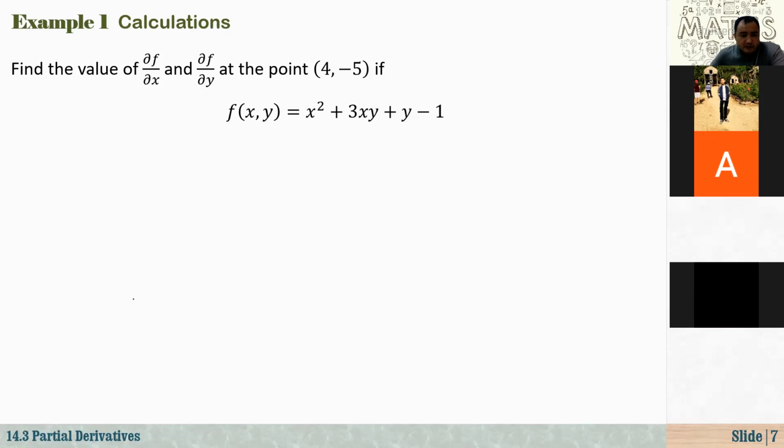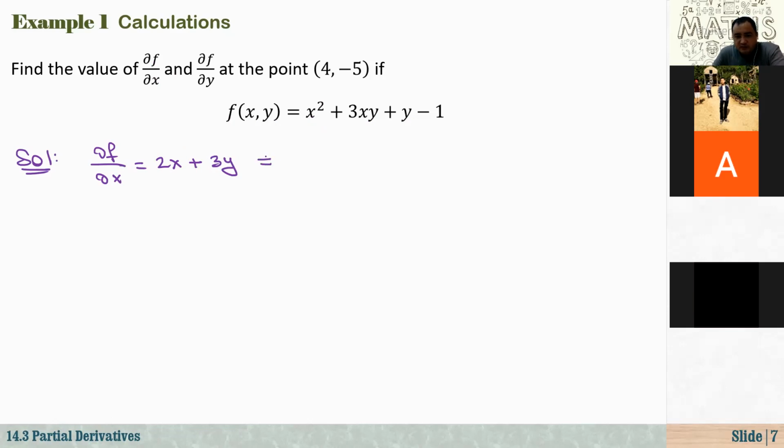Here, we need to calculate, number one, del f del x, right? We have to differentiate with respect to x. So the partial derivative of f with respect to x is equal to: differentiate x squared with respect to x, that's 2x, plus differentiate 3xy with respect to x, y is constant, that's just 3y. And y minus 1 is constant with respect to x, that's why it's equal to 0.